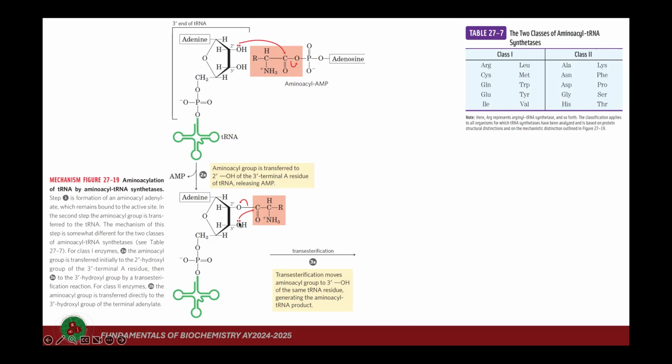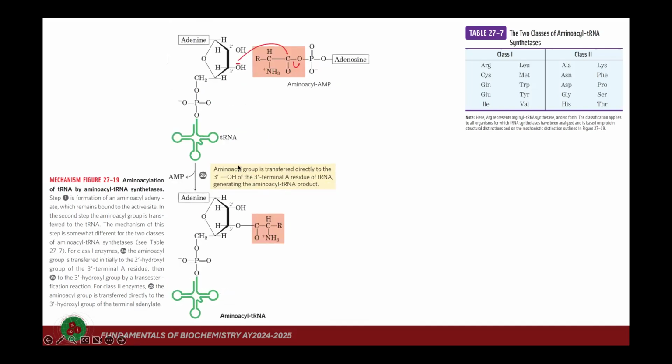But we have a trans-esterification wherein the 3' OH attacks the carbonyl carbon again, and then you restore the OH at the 2' carbon, as you can see in this product. This is the final product. The amino acid should be attached to the 3' of the ribose.